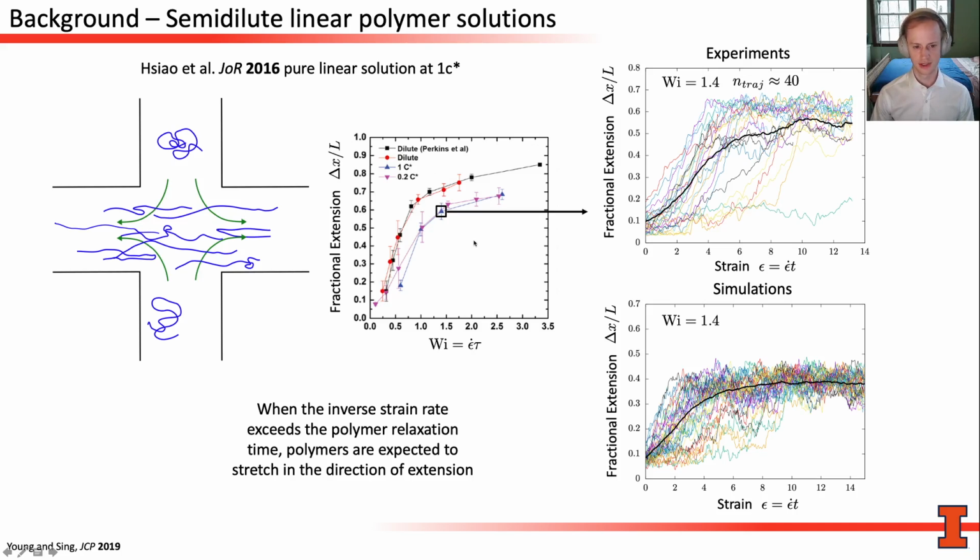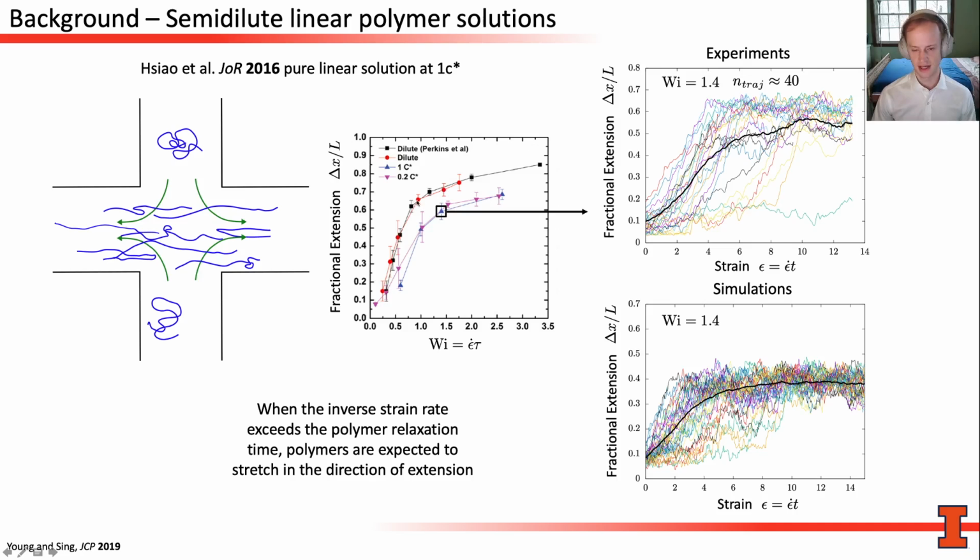The key result here is that the steady state fractional extension, which is the stretch of the polymer in the flow direction normalized by the contour length, changes at a Weissenberg number of about 1. When the inverse strain rate exceeds the longest polymer relaxation time, the polymer is unable to relax its stress, so it stretches out from the equilibrium random walk coil state to being stretched and aligned in the flow direction. This is qualitatively consistent for all the concentrations they investigated, from the dilute limit up to C star.